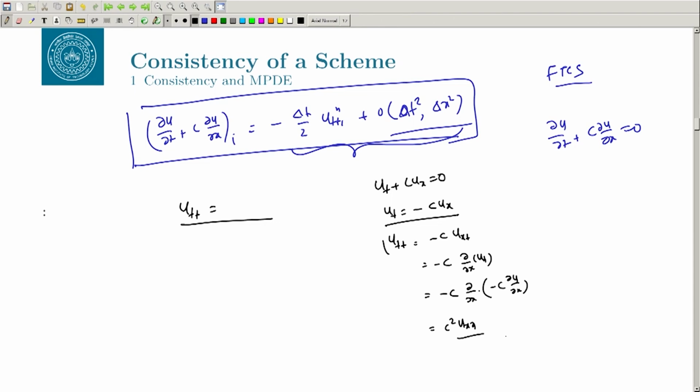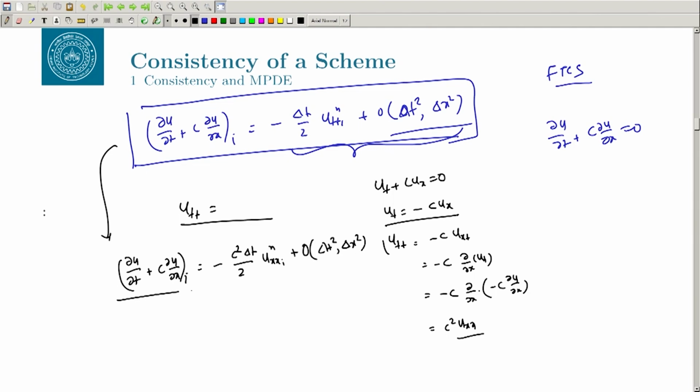So, this equation can be written as del u by del t plus c del u by del x is equal to minus c square delta t by 2 u x x plus order delta t square, delta x square.